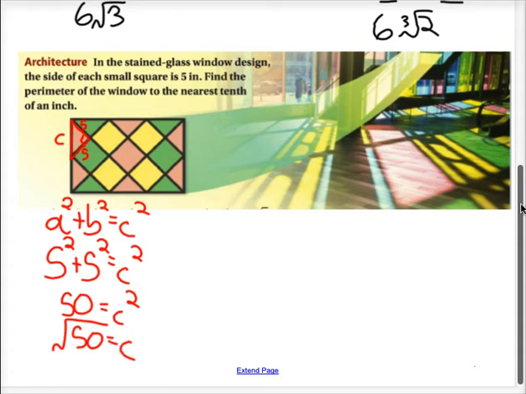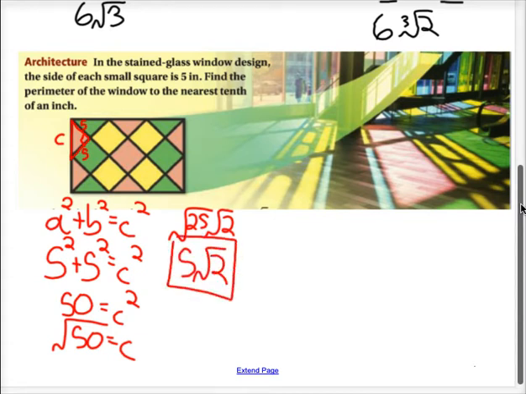So c is going to be the square root of 50. However, that's not simplified. 50 can break up into 25 and 2. So really, if we're talking about simplified radicals, it's going to be 5 square roots of 2.